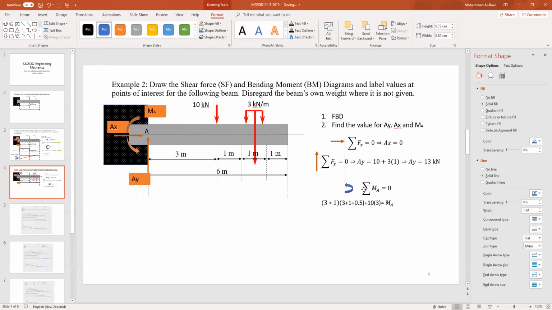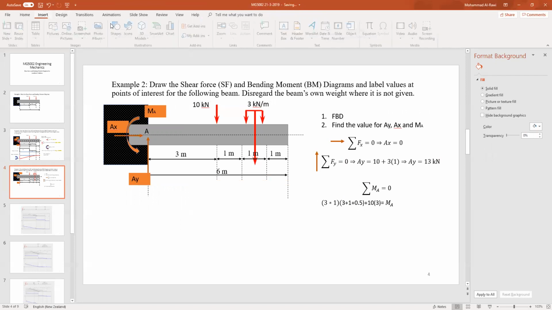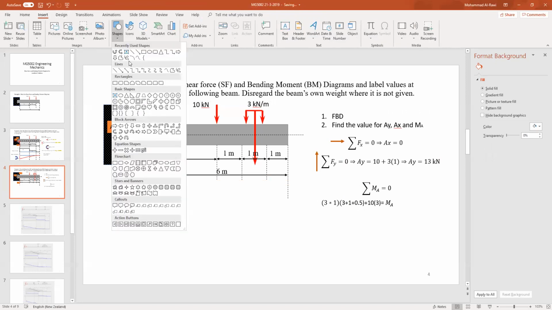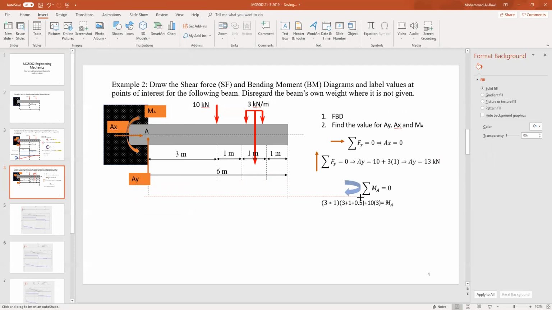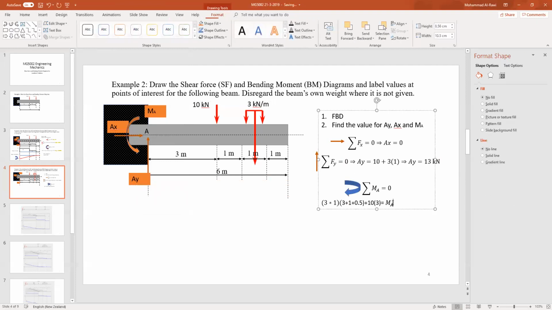After using your calculator and adding everything together, you'll find MA equals 43.5 kilonewton meters.